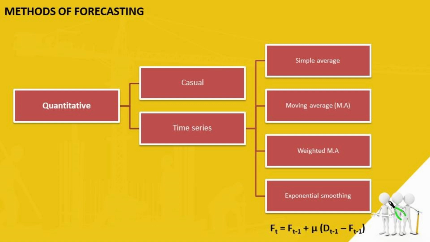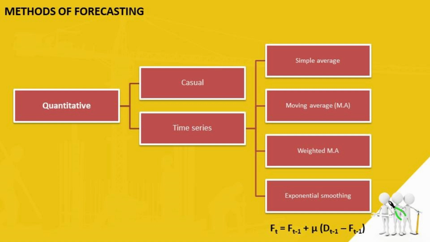Now what are these? F suffix t is the forecast of the time period under consideration, the forecast that the forecasting team requires. And F suffix t minus 1 is the forecast of the immediate previous month or previous time period. It can be a month, a week, or a day.